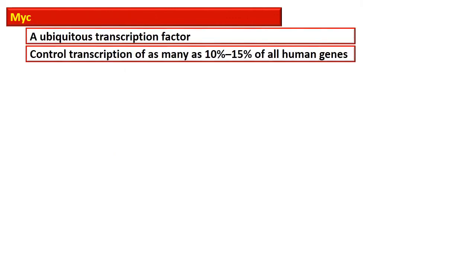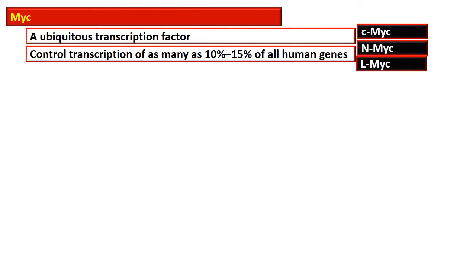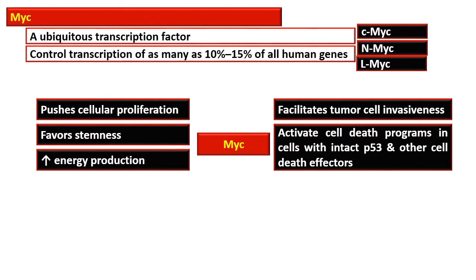MYC is a ubiquitous transcription factor, and it controls about 10 to 15% of all human genes. The MYC family contains C, N and L members, and many functions of this MYC transcription factor have been described.